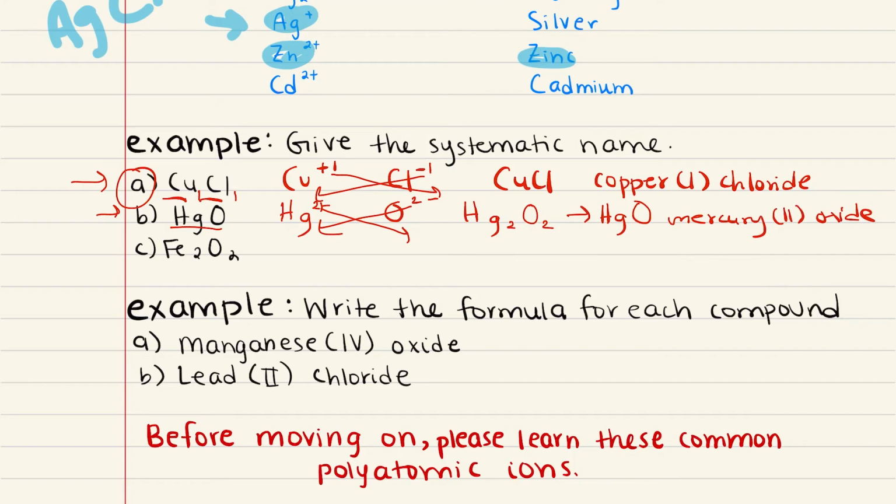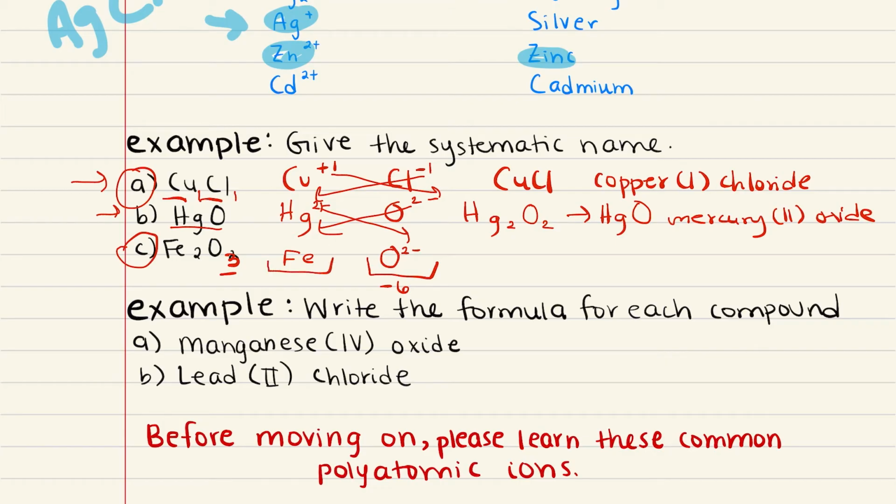What about C? This should be written as Fe2O3. Let me correct that. We have iron, and again, we have our O2- ions, our oxide. So let's write this O2-. How many of these do we have? We have 3 of them. That gives us a total of a -6 charge. We should keep that in mind because we also know we have 2 iron atoms. What do their charge have to be to result in a neutral compound?